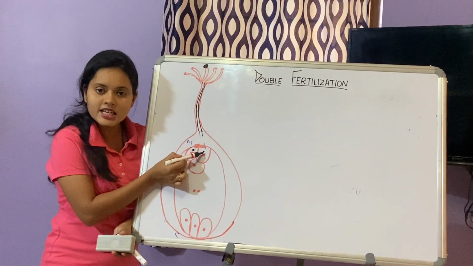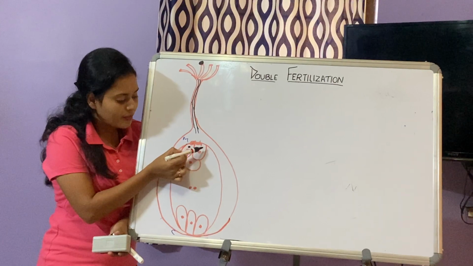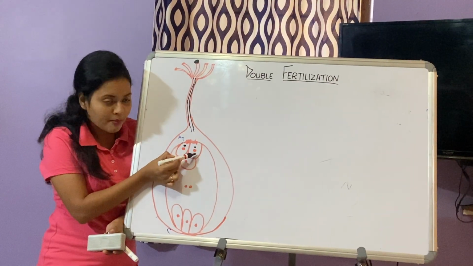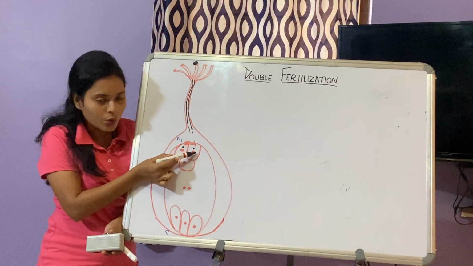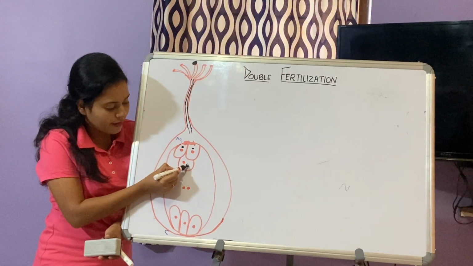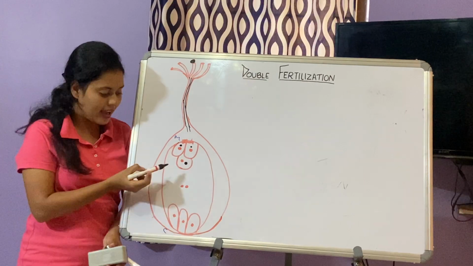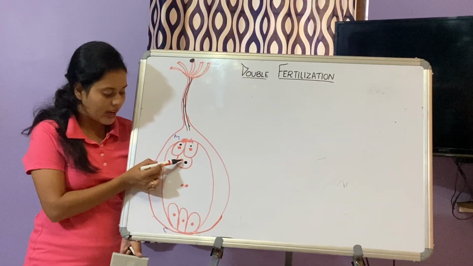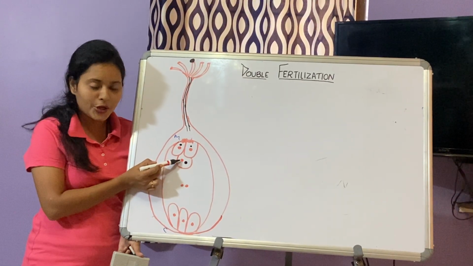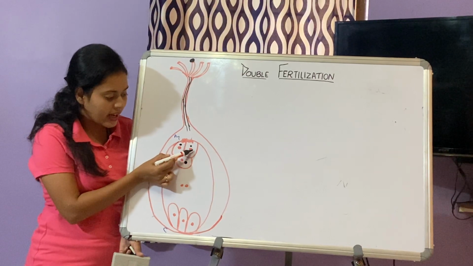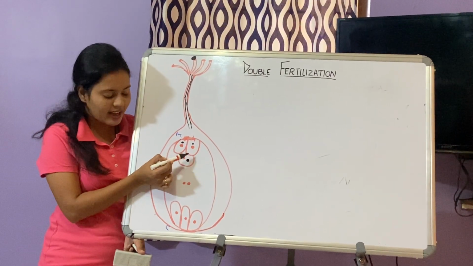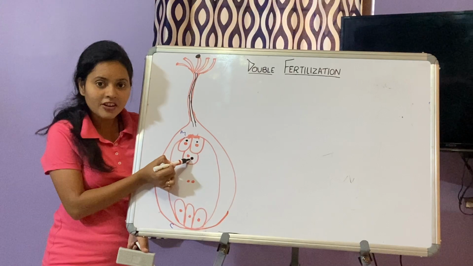Once they are in the synergid cell, one of the male gametes, or nuclei, comes and fuses in the egg cell. The egg cell has its own haploid nucleus, and one more nucleus, the male gamete, has come and fused over here.